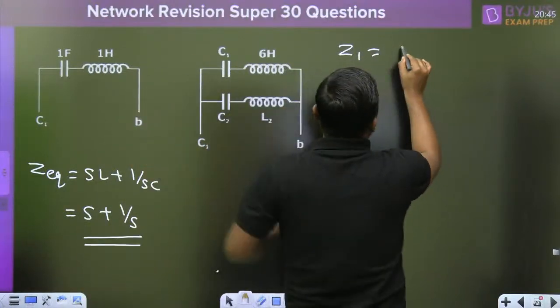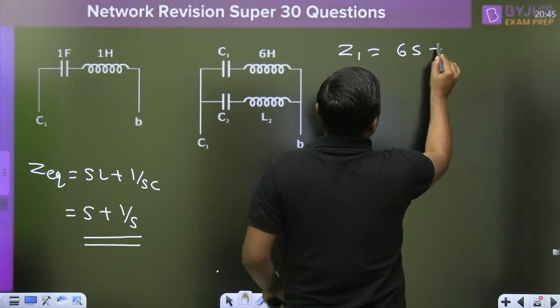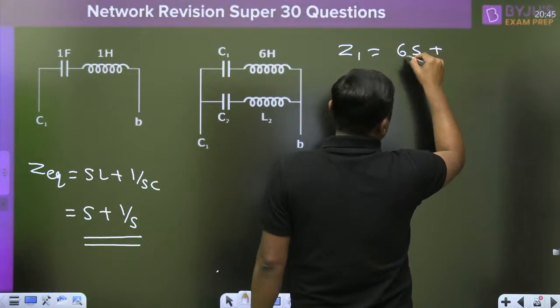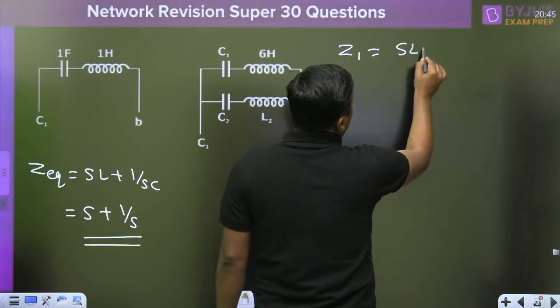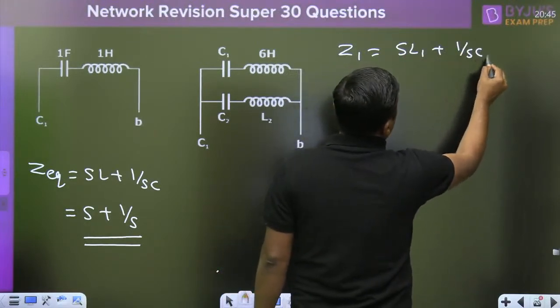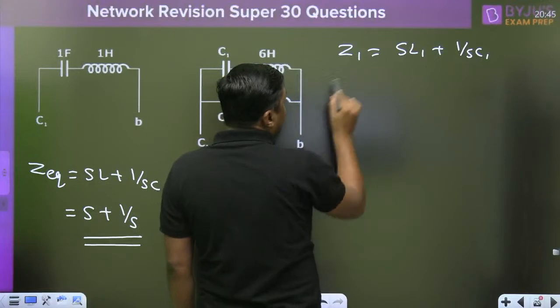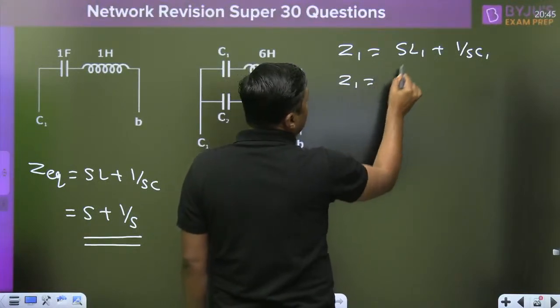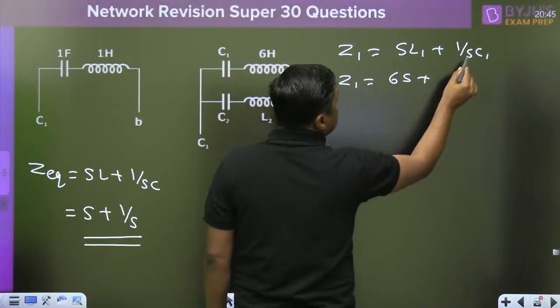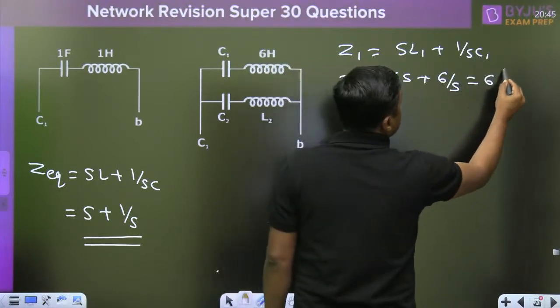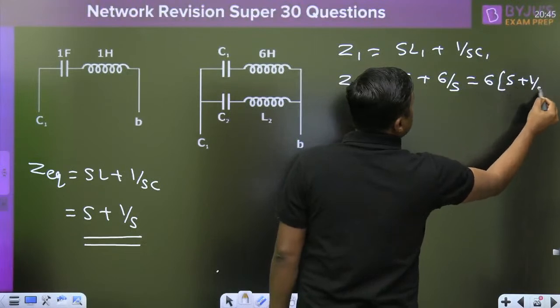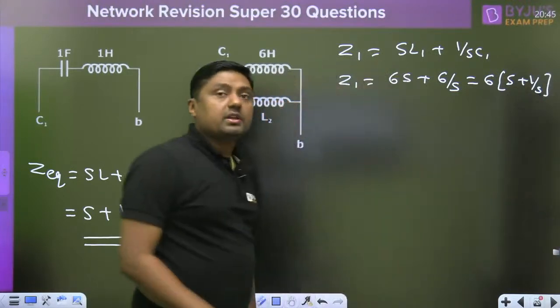Z1 is SL1 plus 1 by SC1, right? And here we are writing that Z1 is equal to 6S plus, because C1 is 1 by 6, 6 by S. You are taking that 6 as a common, S plus 1 by S.